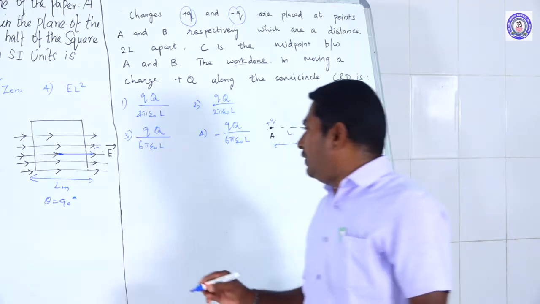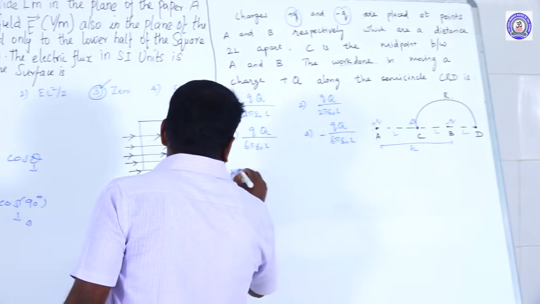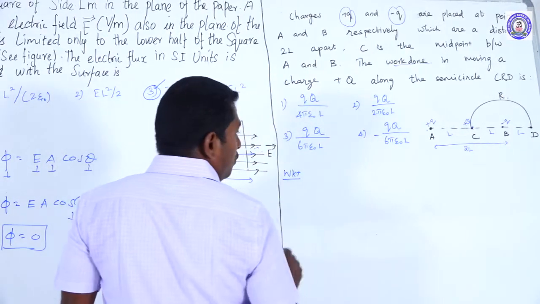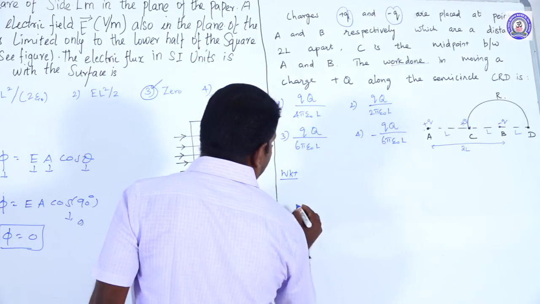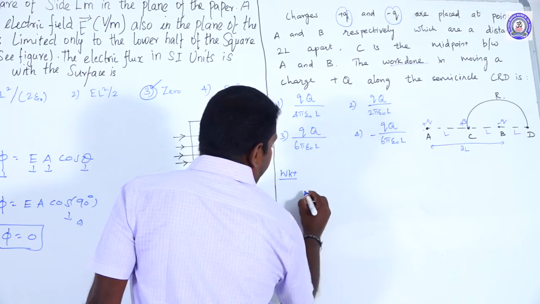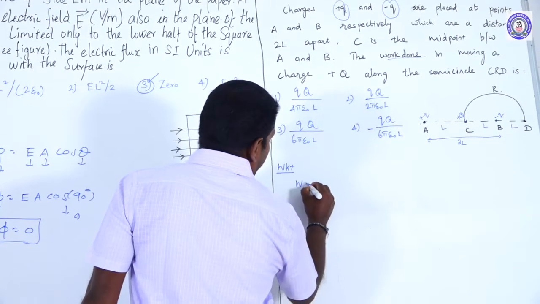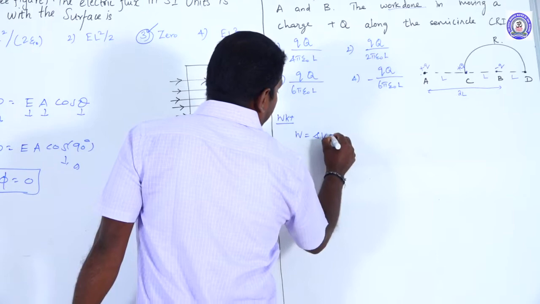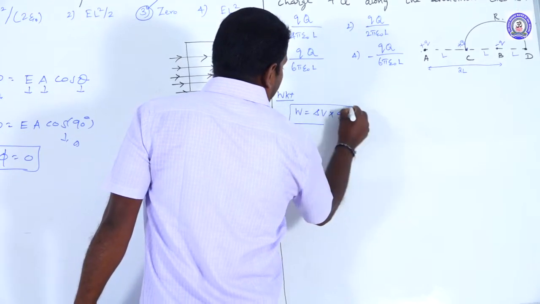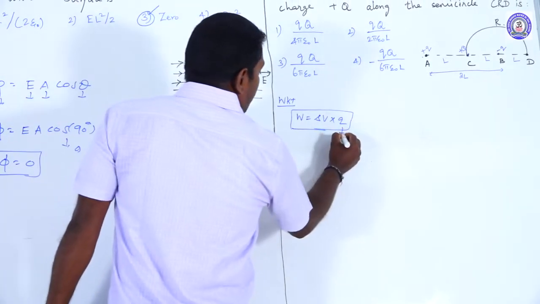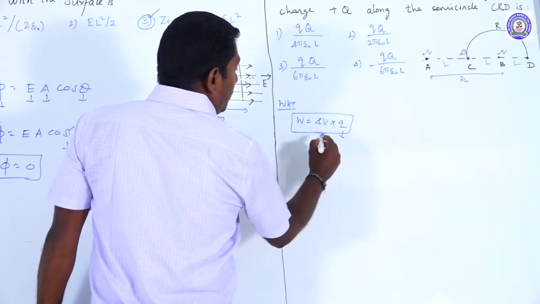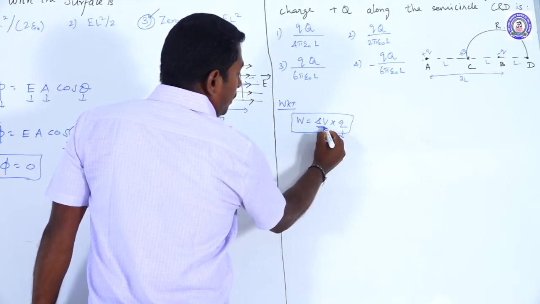So already we know that the amount of work done in moving a charge from one point to another through a difference in potential, W, is equal to delta V into Q. This is the main expression. Q amount of charge moves from one point to another through a difference in potential.